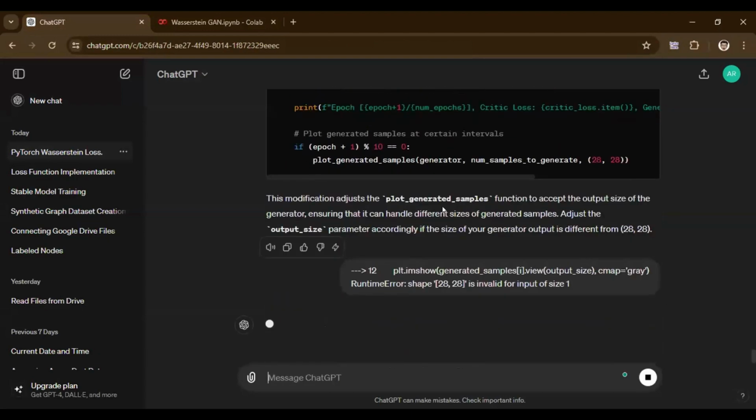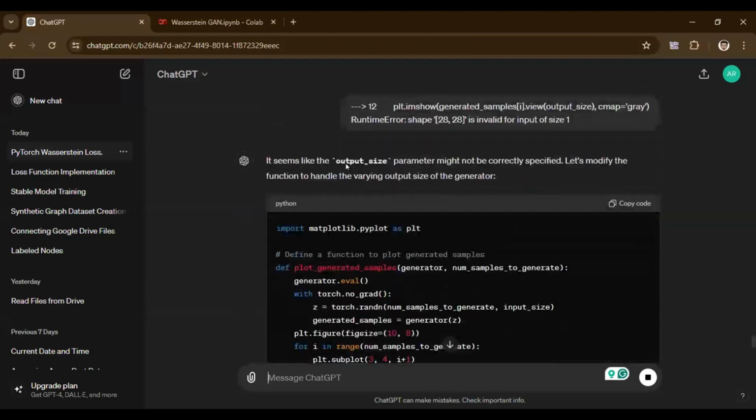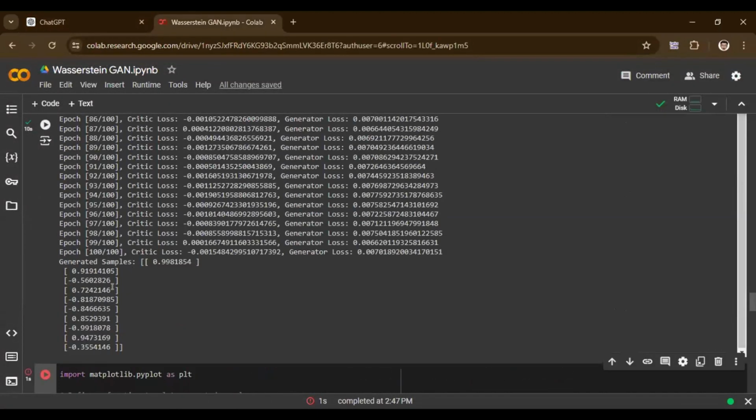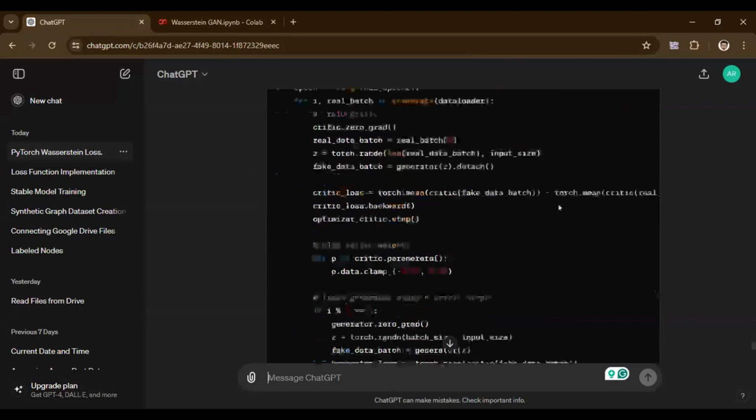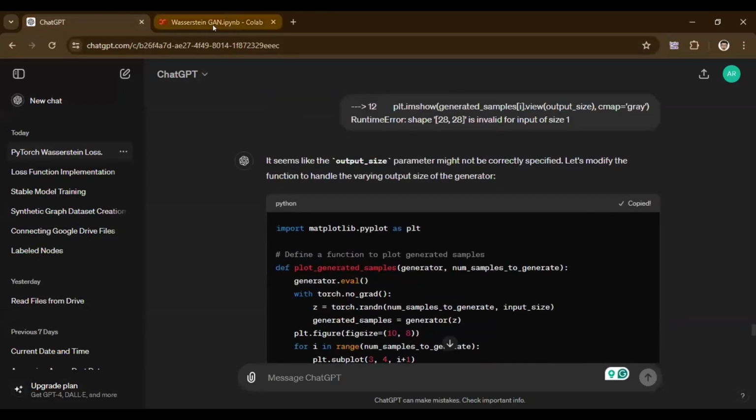It still looks the same on line 12. It seems like the auto-set parameter might not be correctly specified. Let's modify the function to handle the varying output size of the generator. Oh, the output size may be varying, so it tries to modify the functions.